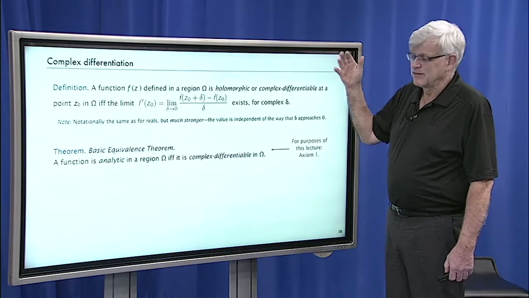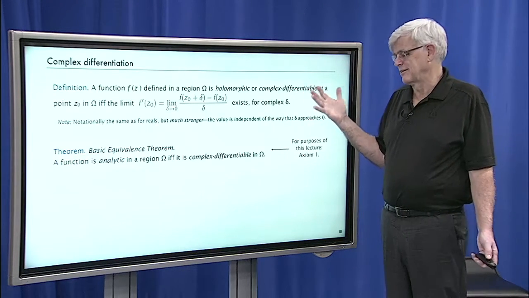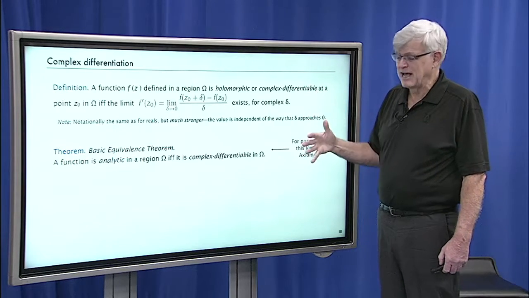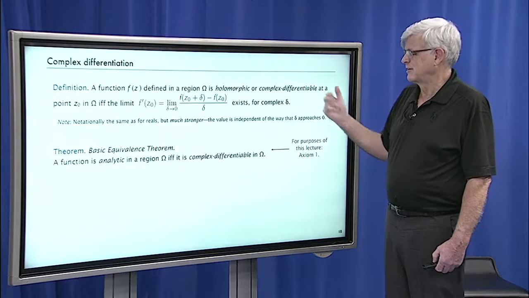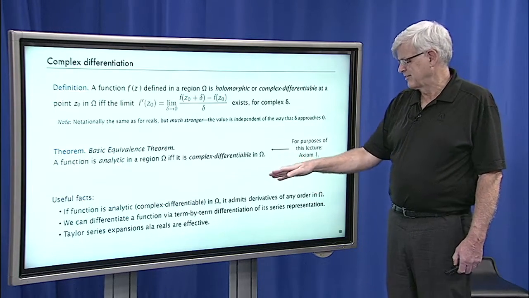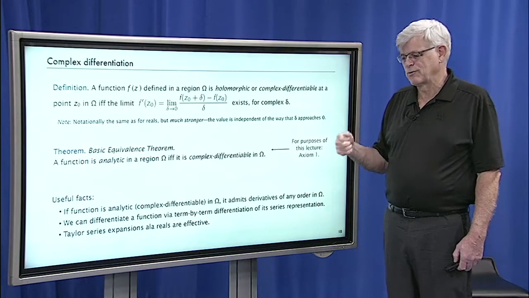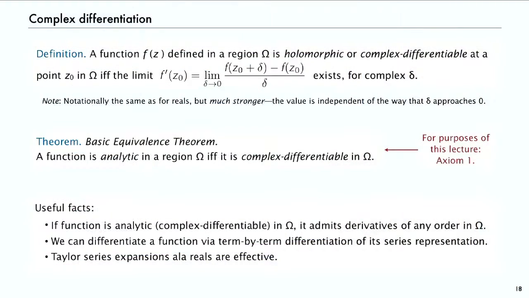So if it's analytic, if you can express it as a power series, you can differentiate it. And of course, that's useful from the point of view of analysis, because it means that we can differentiate an analytic function term by term. If it's complex differentiable, it admits derivatives of any order, because you can always differentiate term by term. That's not really true in the reals.